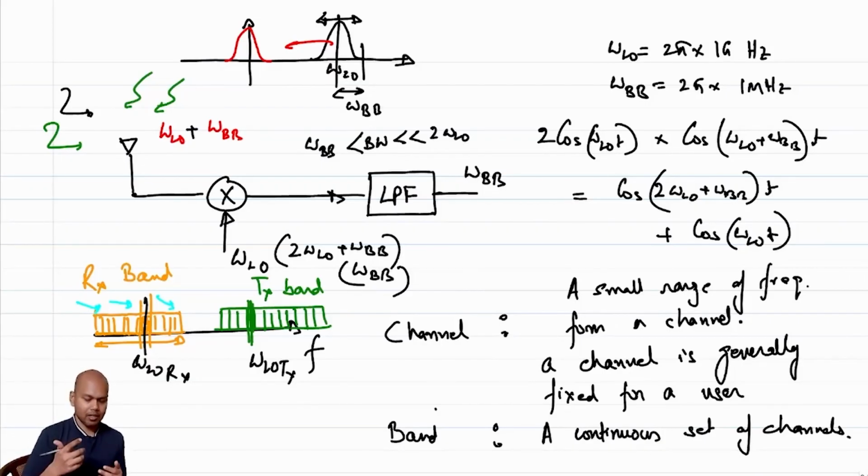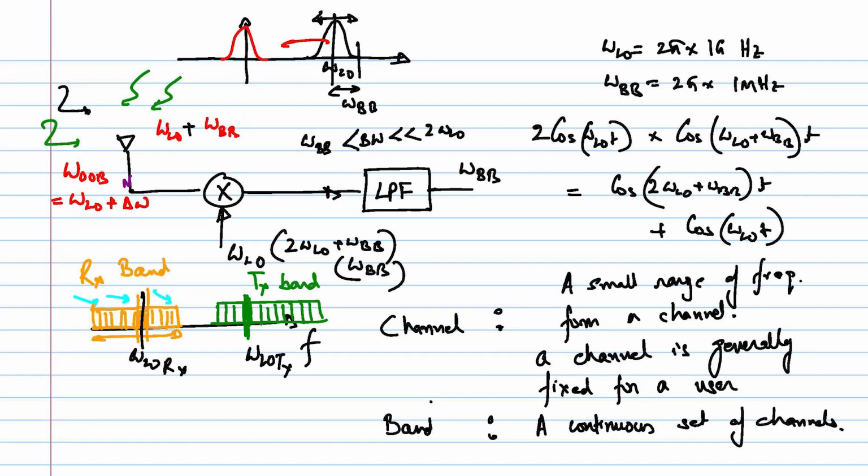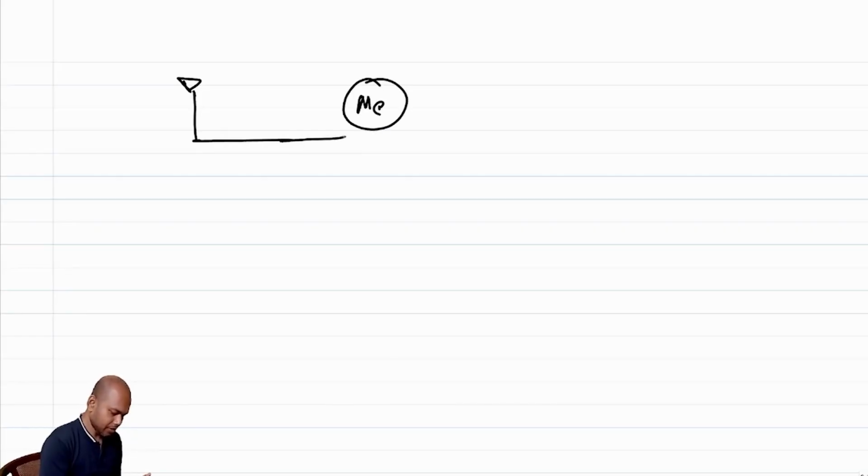Imagine a situation where my friend and I are sitting next to each other, and I am making a call where I am receiving information from somewhere, and my friend who is sitting next to me is making a call to somebody else. We are not communicating with each other via cell phone. So let me draw it here. Let's say this is me, I am sitting here and I am receiving.